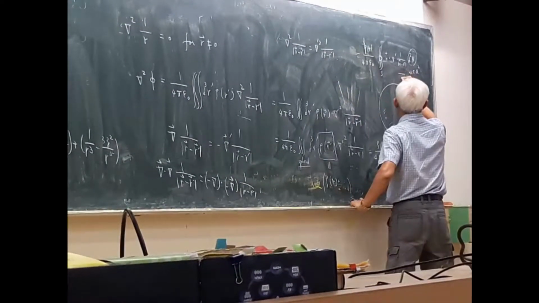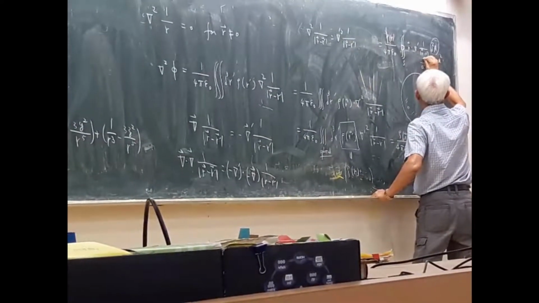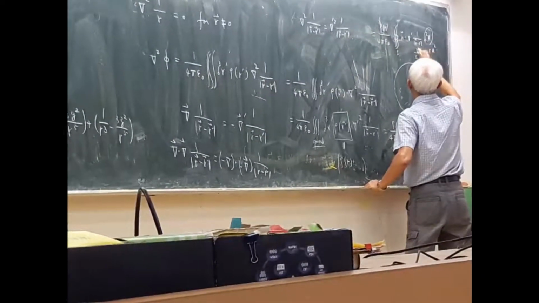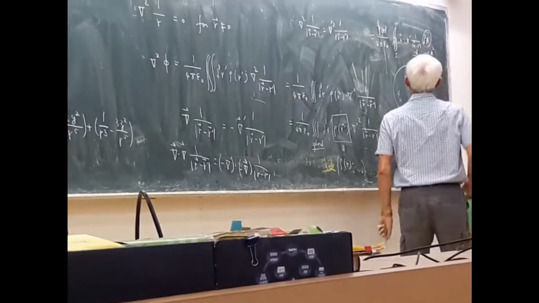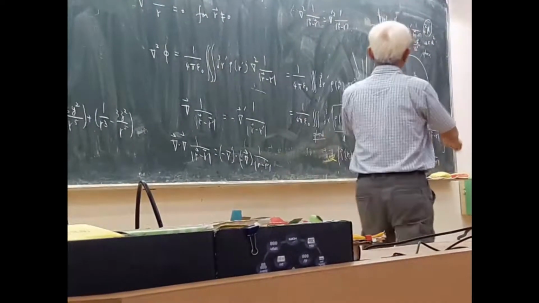And the gradient gives minus n, where n dot n is equal to 1, unit vectors.